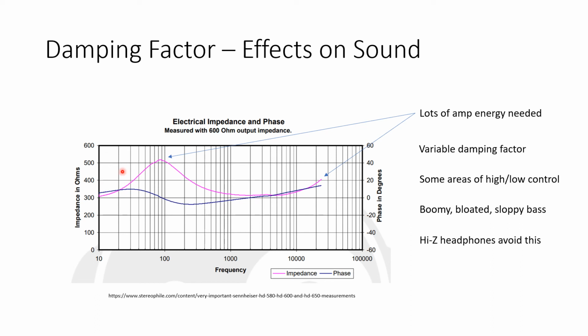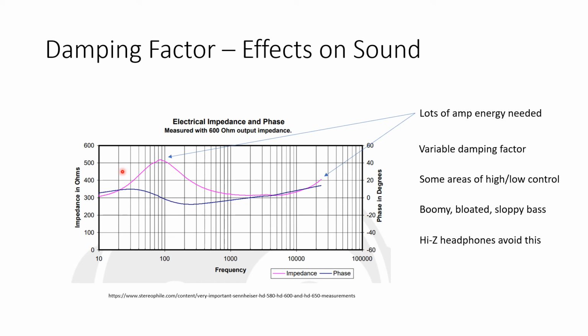Okay, and then an important point here is that high impedance headphones avoid this problem. What they have done with high impedance headphones is they've pushed the overall impedance so high that the damping factor is always 8 or more if you're plugging into a high output impedance device, like a speaker amp that has a headphone tap on it, or an output transformerless tube amp that has a very high output impedance.